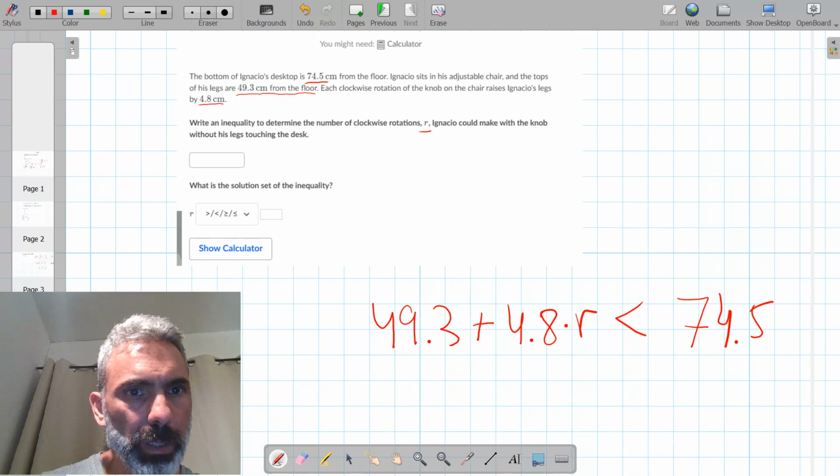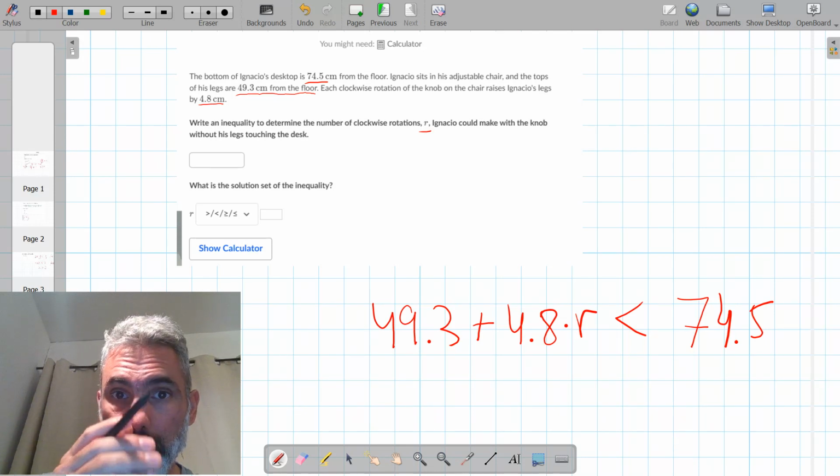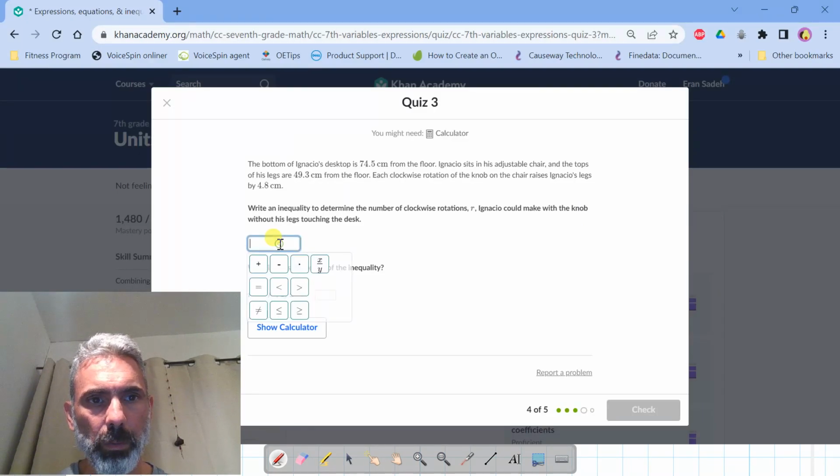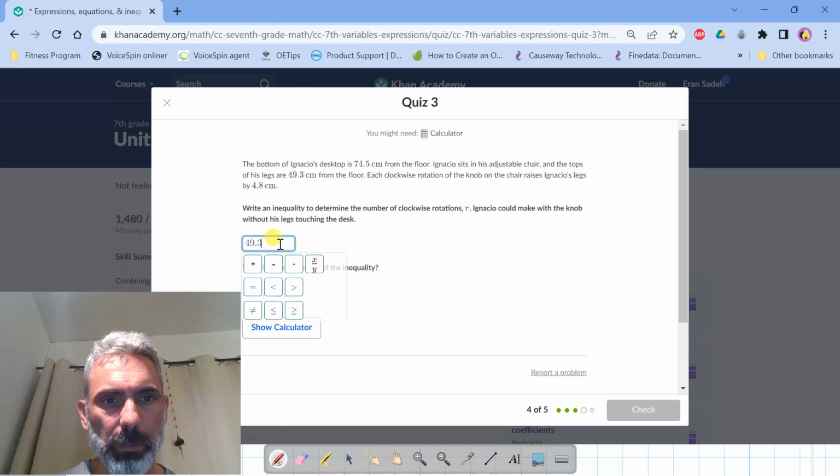So to make sure that his legs don't touch the desk, the combined height, the initial height plus the added height by rotating the knob, should be less than 74.5. So we begin with a height of 49.3.